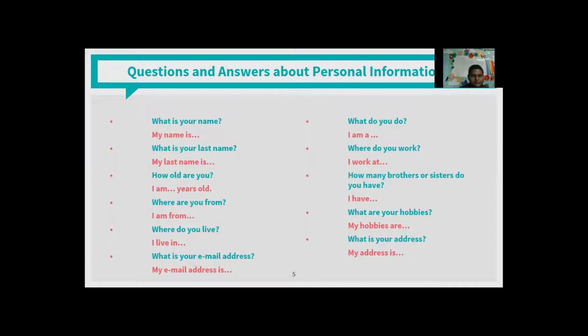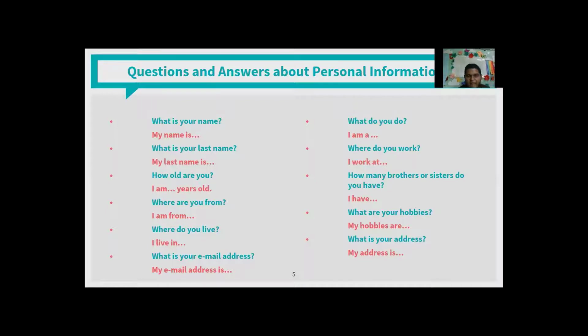Here I have some examples of questions for asking for personal information. What is your name? The answer could be, my name is, in this case, Daniel. Another one is, what is your last name?